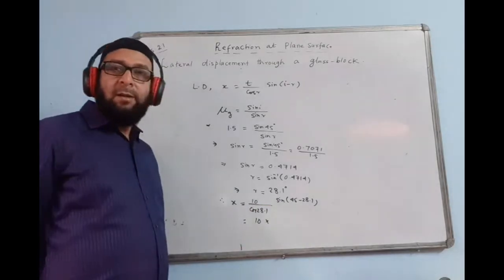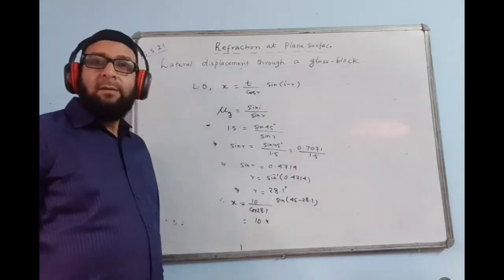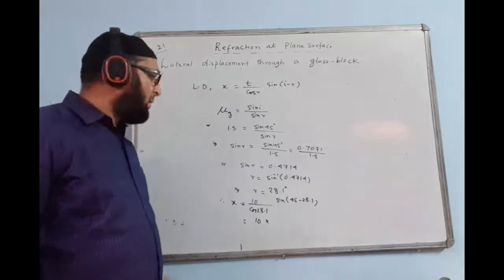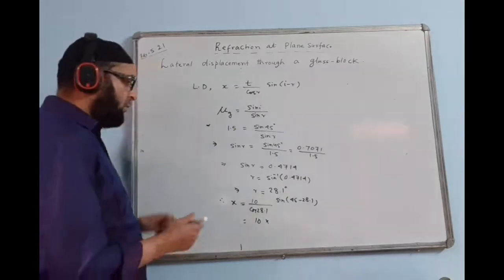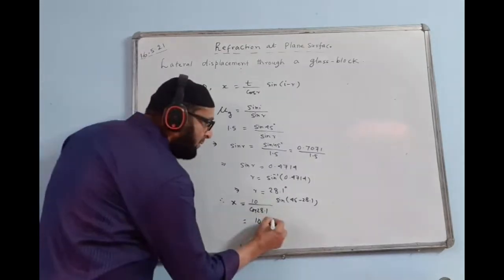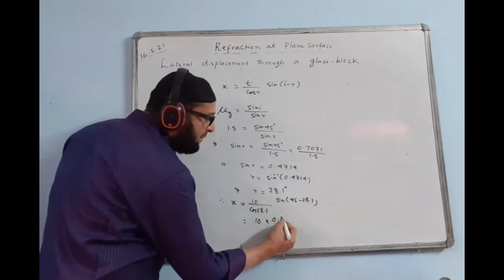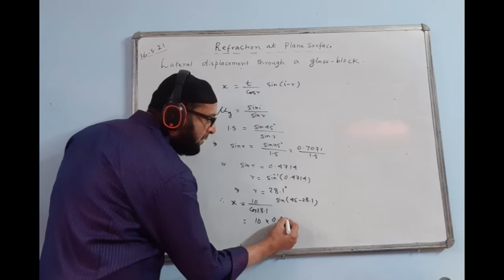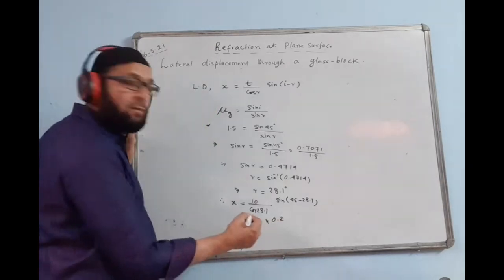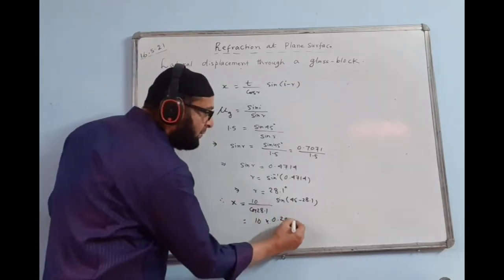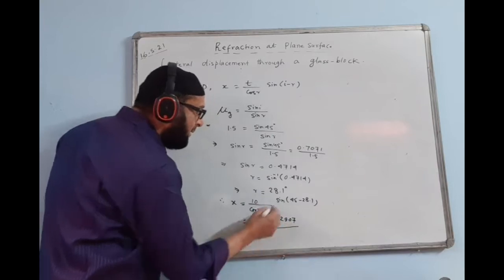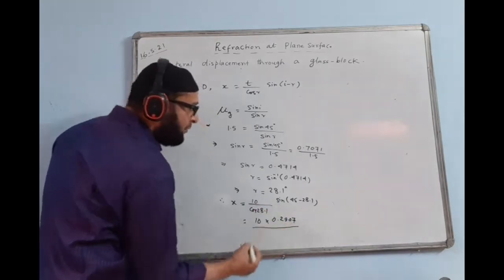Then sin 16.9, take it, 0.2907 with four digits, by cos 28.1. Check the answer.